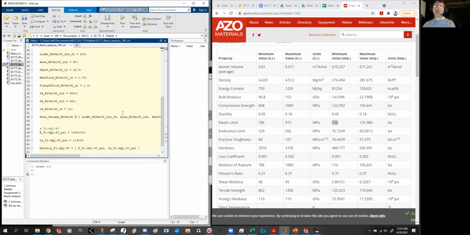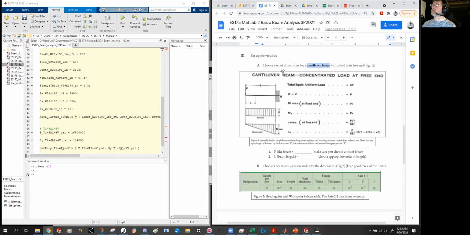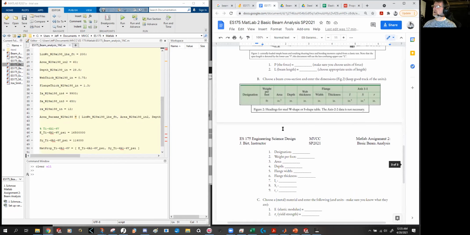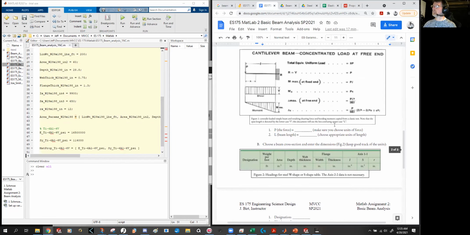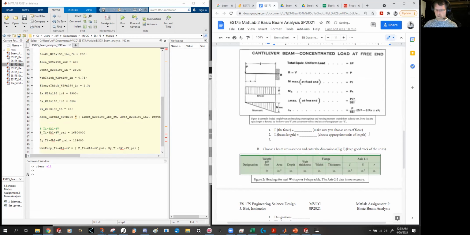Okay, so now that is the second major part of the whole thing, setting up the variables. So we did force, the length. We found the other parts too. So I should probably put this in here.